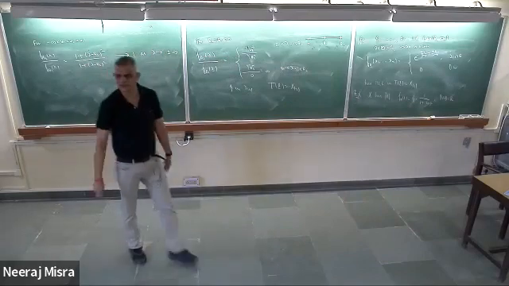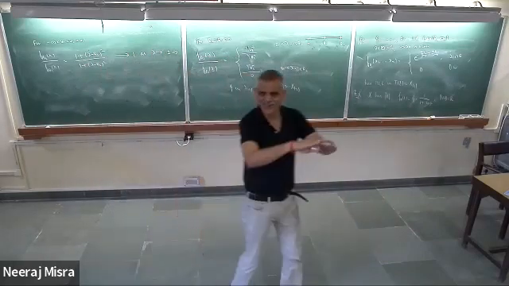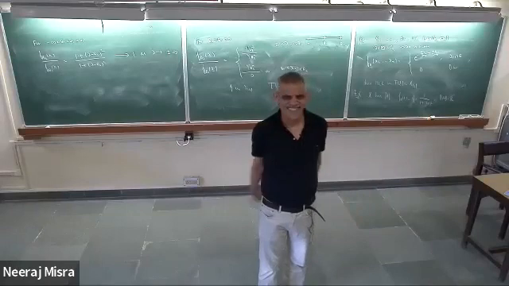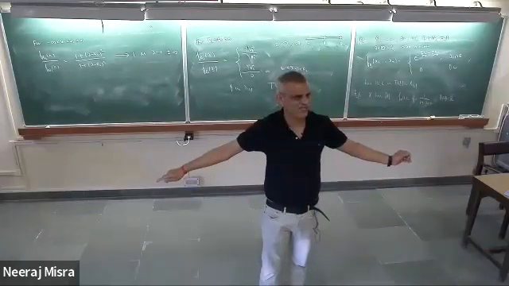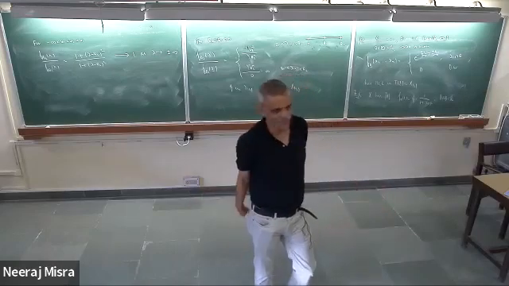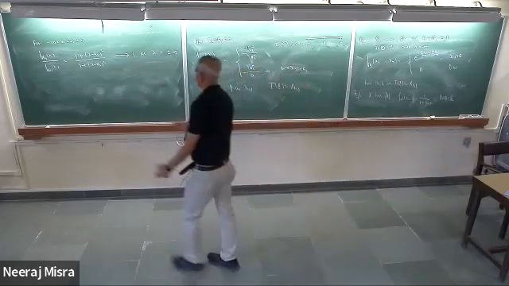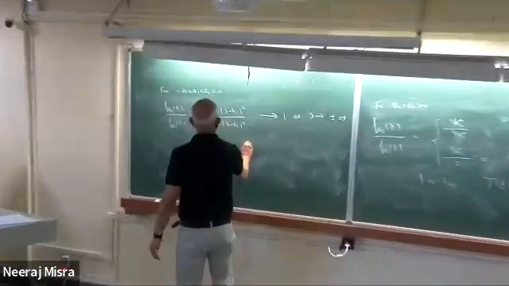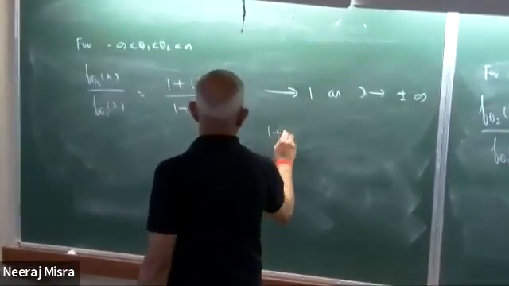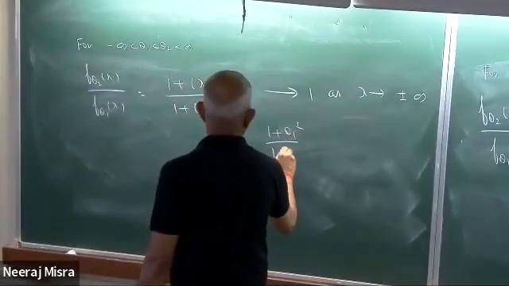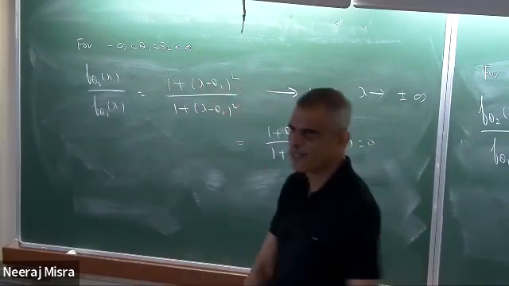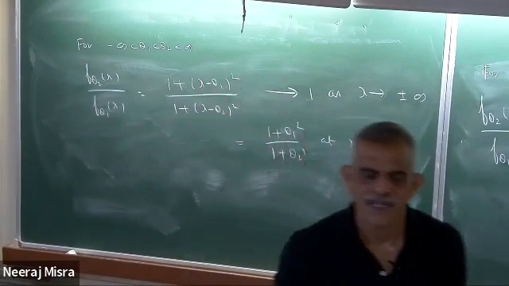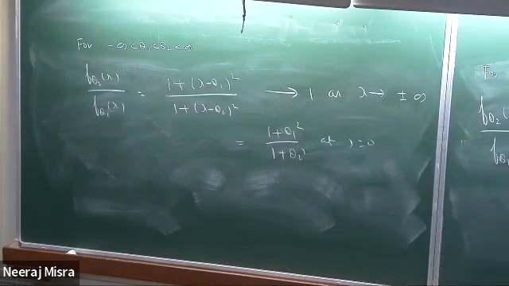So this itself shows that it cannot be increasing, unless it is a constant. At minus infinity it is the same thing, and at plus infinity it comes to the same thing, so it cannot be monotonic. In fact, its value at x equal to 0 is nothing but 1 plus theta 1 square upon 1 plus theta 2 square, so it is not even a constant function. So this does not have MLR.